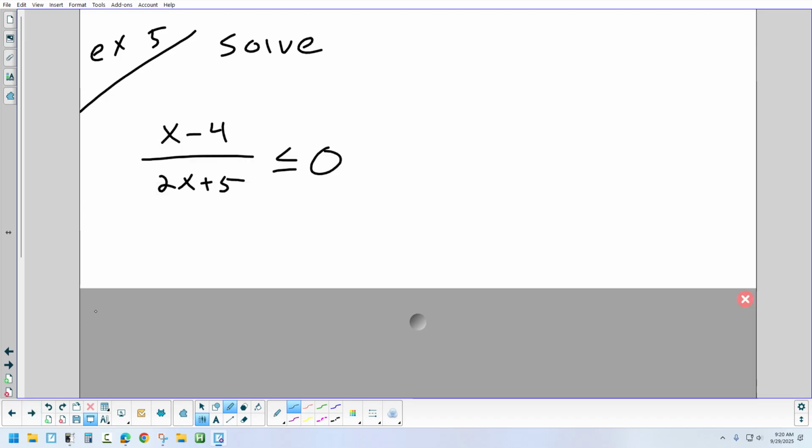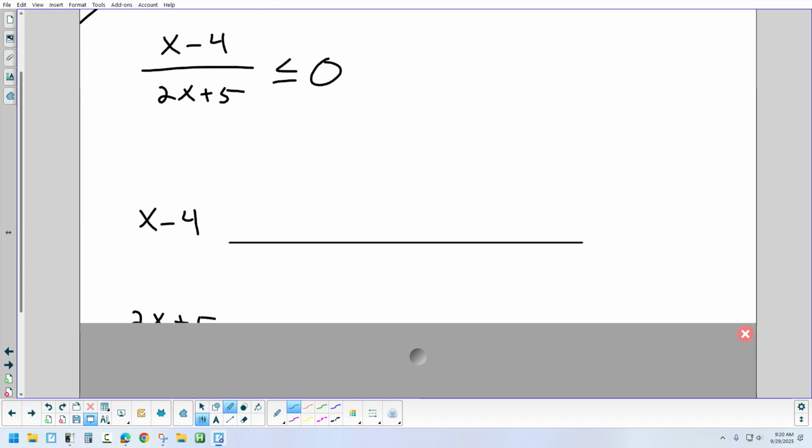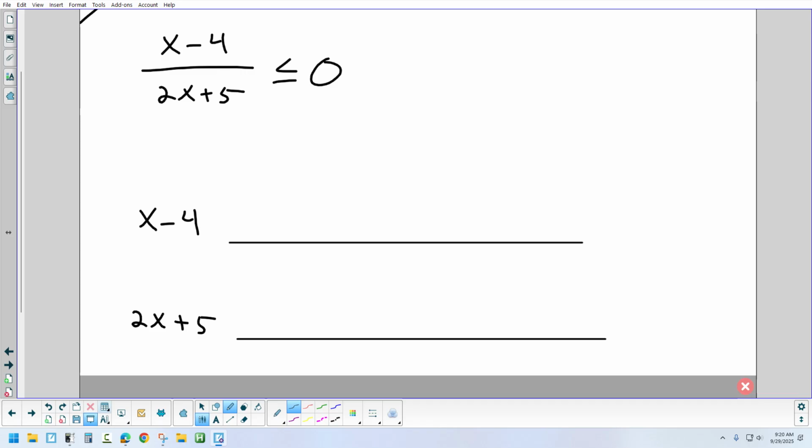All right, for this one, I just kind of want to look at what's going to happen once you get your whole number line set up. So you got a result at 4, that's your first 0. Positive, negative. Here, you're going to get negative 5 halves, okay, when you solve the bottom one.